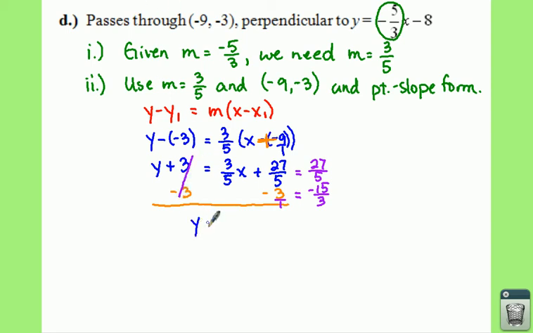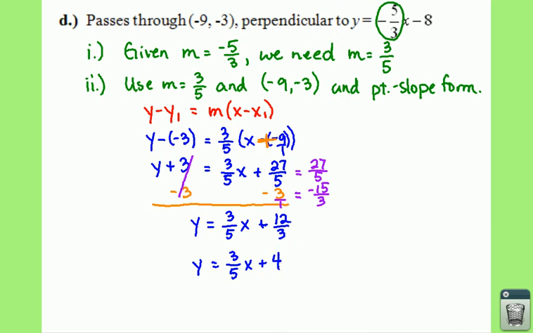You get y equals 3/5 x. And then we have 27 minus 15 is 12 over 5, but we all know that we don't leave fractions without reducing them, so we finally get 3/5 x plus 4.